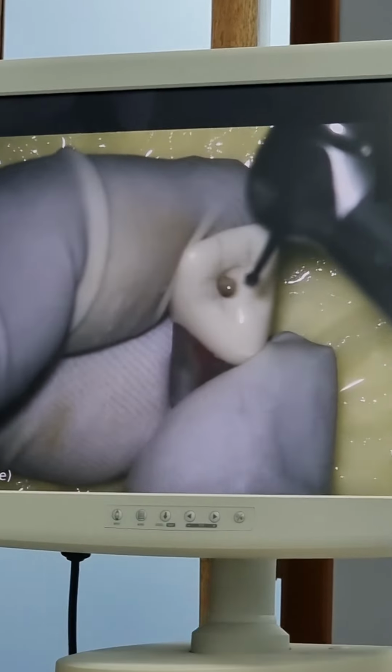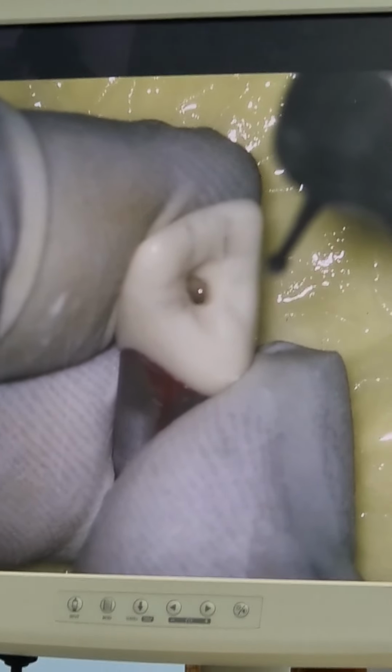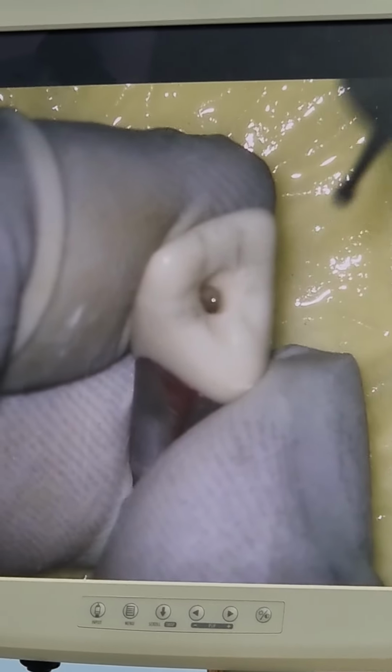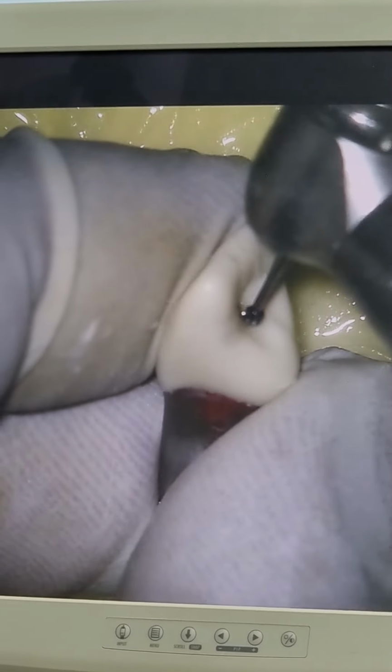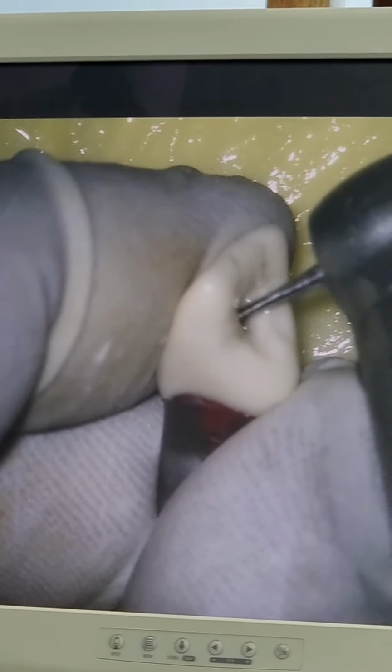So de-roofing, again the same. Now here is one tip which I want to give you, because this is the step where most of the students tend to make a mistake. What is the mistake? When you're doing the de-roofing, you tend to give more angulation to the burr while moving the burr out.